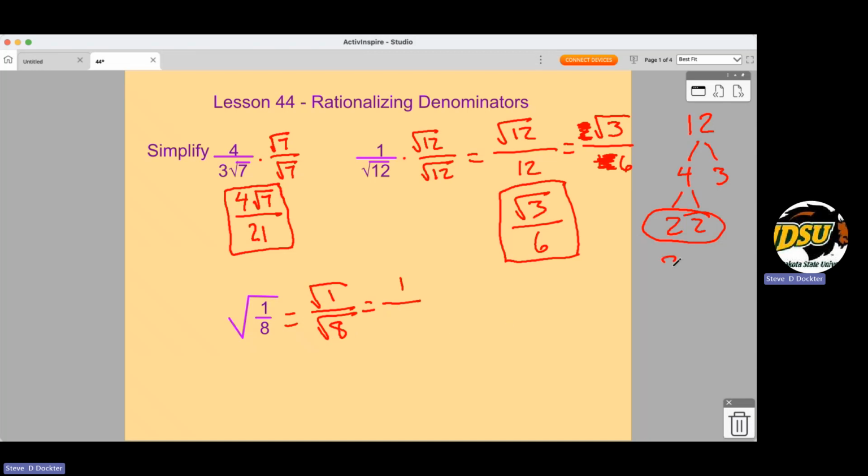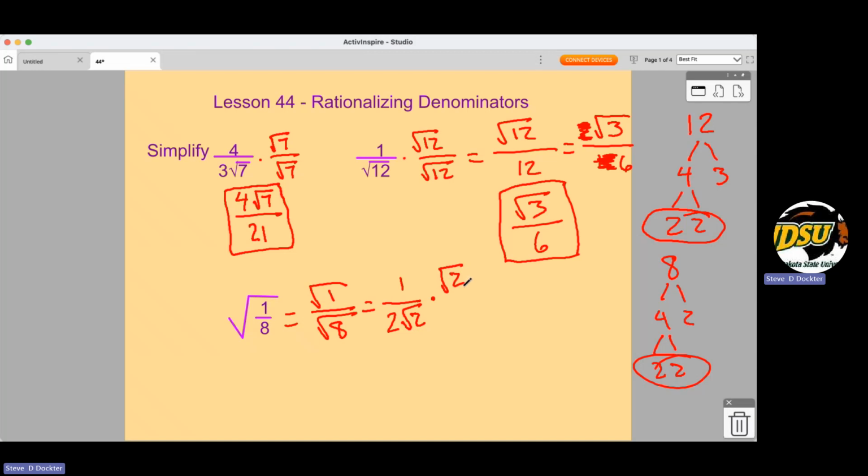As you guys know, 8 is 4 and 2. And then we have a 2 and a 2 here. So if you wanted to, you could simplify your square roots before you move them. We could have done this with the second problem up here. All right, for this one, this becomes 2 square roots of 2 on the bottom. Now, just like before, we've got this square root on the bottom. We have to get it out.